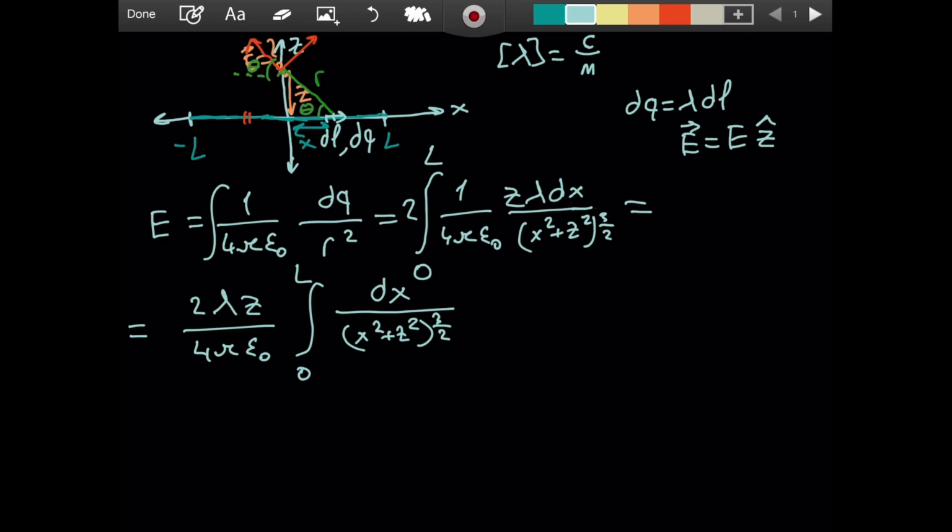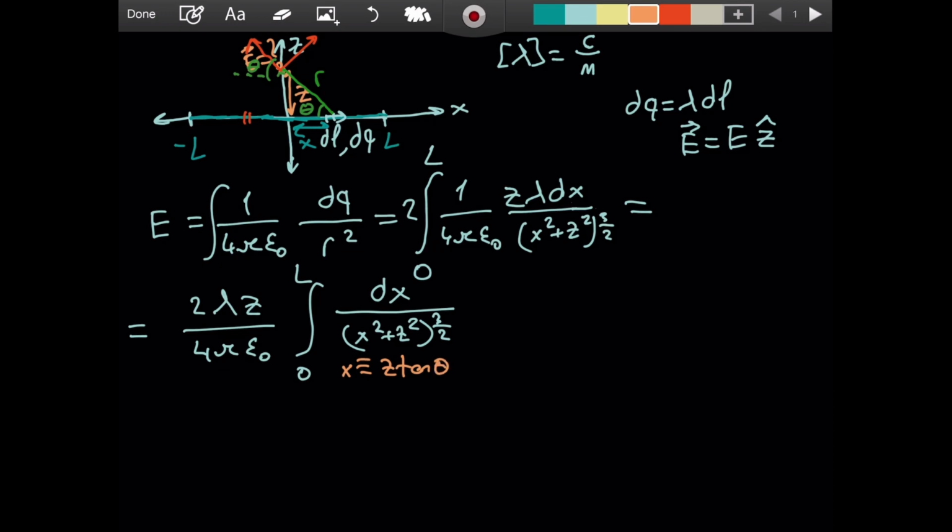Now, we want to take this integral, but when you look at it, the derivative of x squared does not appear in the numerator. So we can't just directly take it. However, if we use a trig substitution, we are able to handle this problem. The substitution that we want to make is that x is equal to z tangent of theta. This is a definition, by the way.